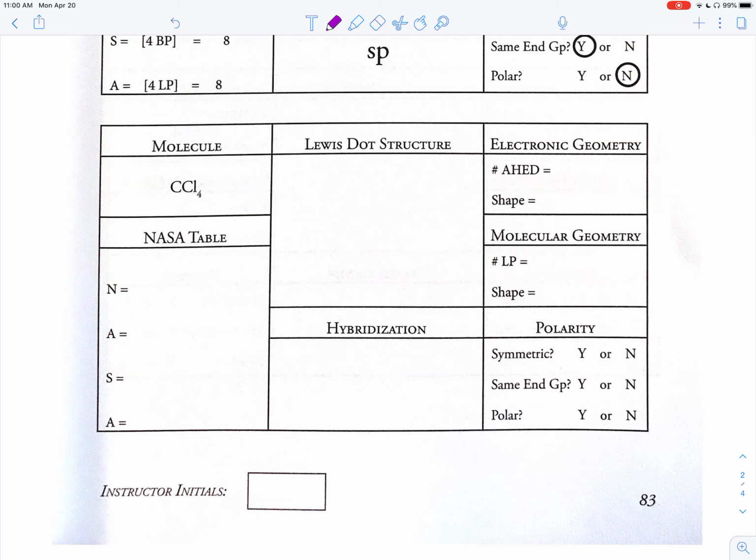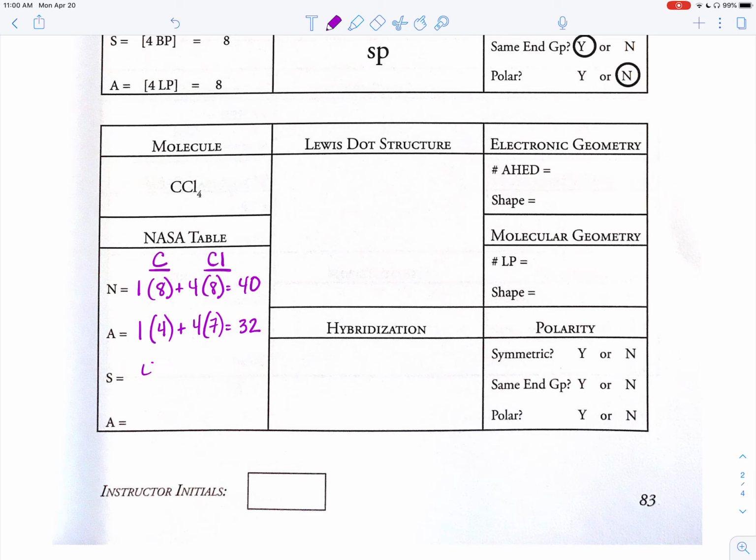We're going to start with the NASA table. You have carbon and chlorine, and the one carbon wants 8 electrons, and all 4 chlorines want 8 electrons, and that's a total of 5 times 8, which is 40 electrons. Then your one carbon has 4 valence electrons from group 4, and your 4 chlorines have 7 valence electrons each, so that's a total of 32.